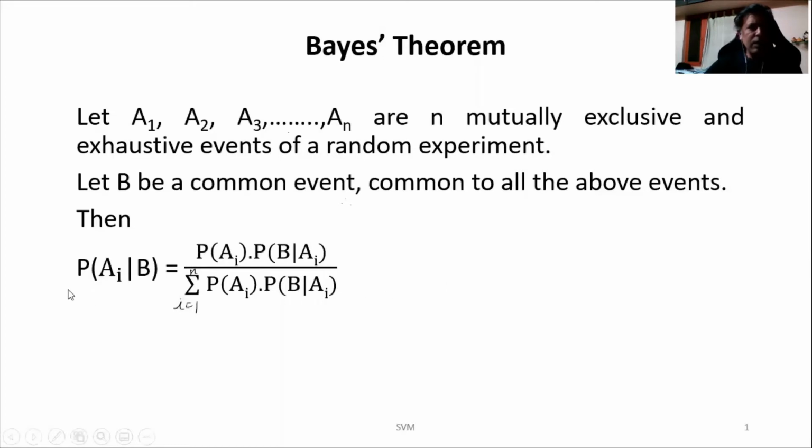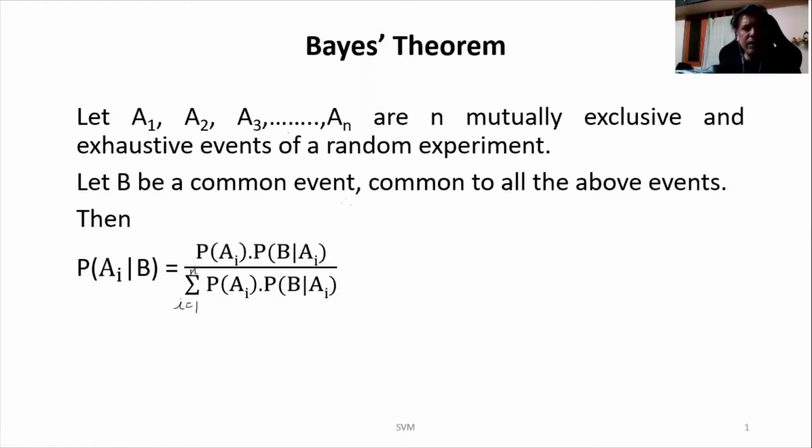Then the probability of Ai, it can be any of these A's, any of these events, given that the common event has already happened, is equal to probability of Ai multiplied by probability of B given Ai, the whole thing divided by summation of i equal to 1 to n of probability of Ai multiplied by probability of B given Ai. So this is the theorem.